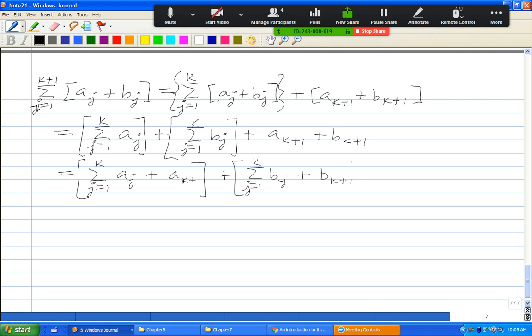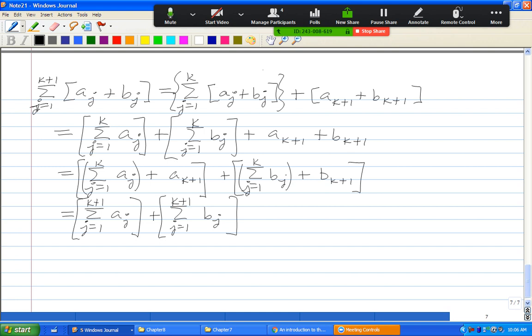And the associative property of addition. Well, by definition of summation, this is just equal to the sum j equaling 1 to k plus 1 of a sub j plus the sum j equaling 1 to k plus 1 of b sub j.